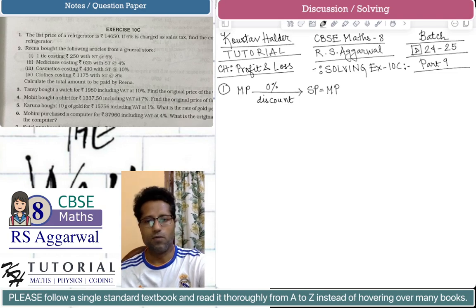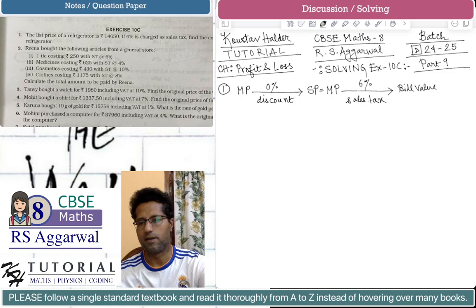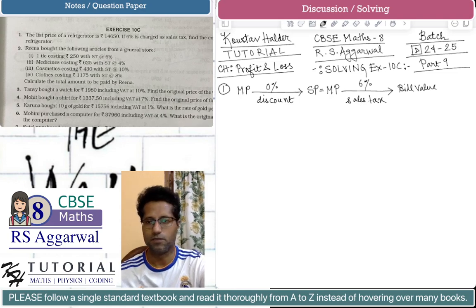Now, we know that the sales tax is applied on the selling price of an article. So, from the selling price, there is a 6% sales tax, and we will have the final bill or bill value, that is the cost that the customer has to pay to purchase the refrigerator. Bill value or payable amount by customer.